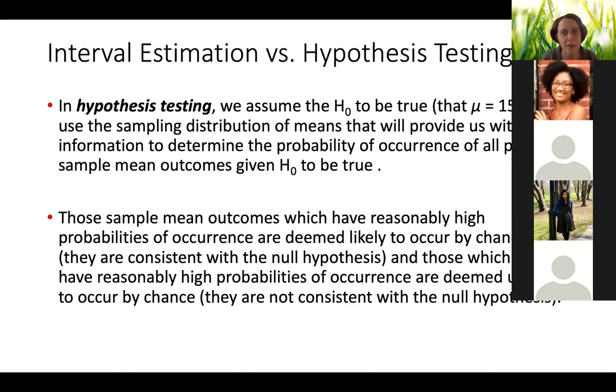And then we use a sampling distribution of means to determine how probable it is to get a sample mean like the one that we observed under the condition that this null hypothesis is true. We know what the sampling distribution looks like for a population that has a true mean of 151.